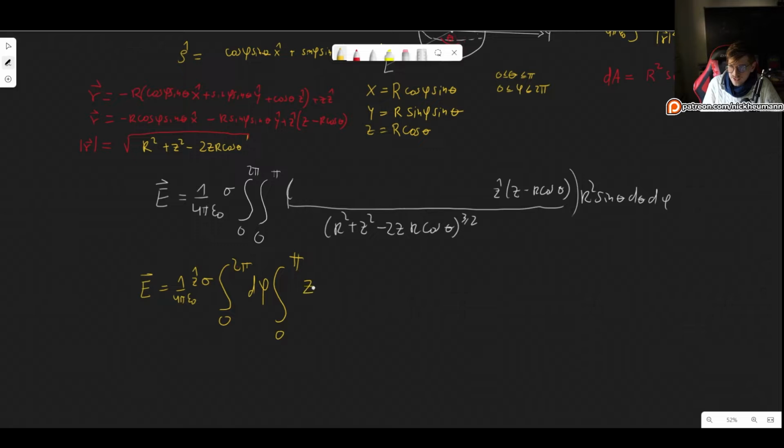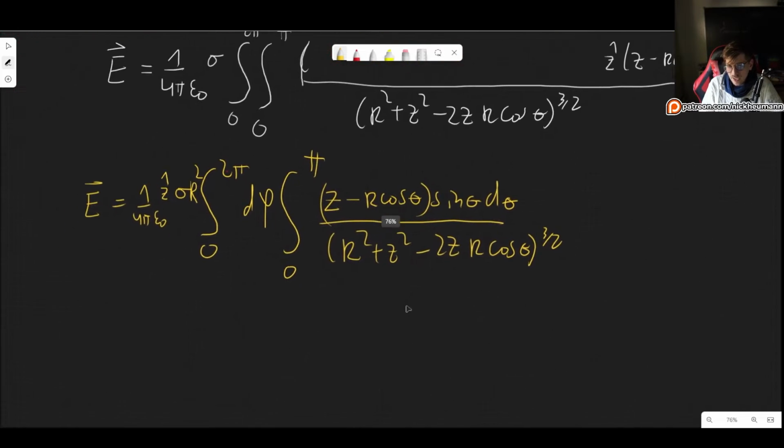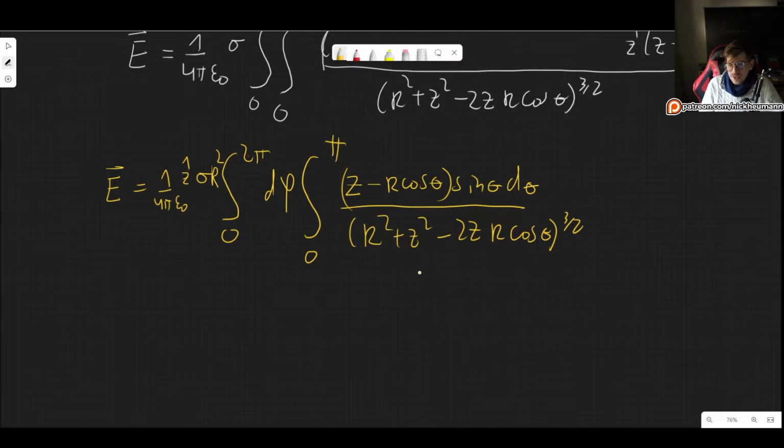Then we have z minus r cosine of theta. The r squared we can also take out. Then we have sine of theta d theta, and the d phi we already used. And here we have r squared plus z squared minus 2zr cosine of theta to the 3/2. Okay, whew. Now we need to solve these integrals.